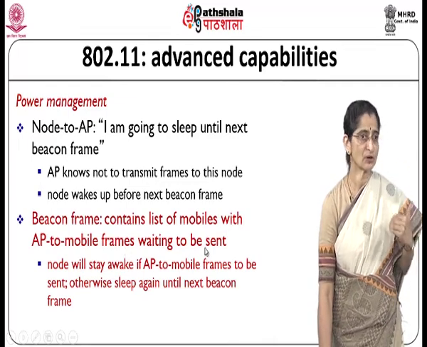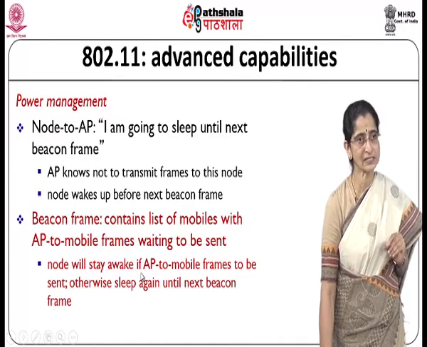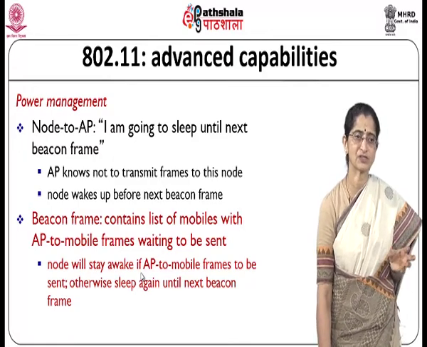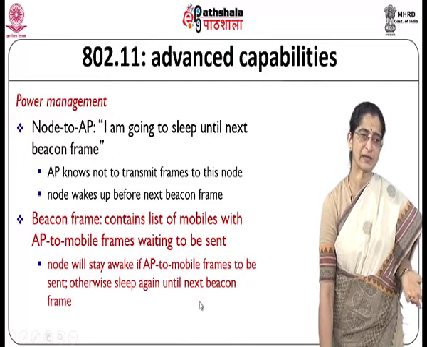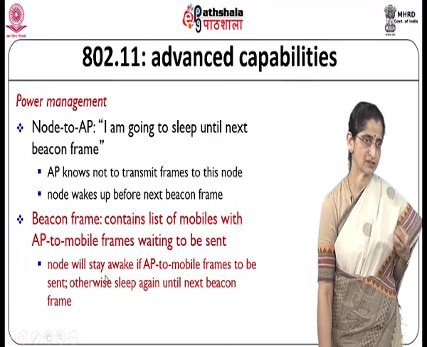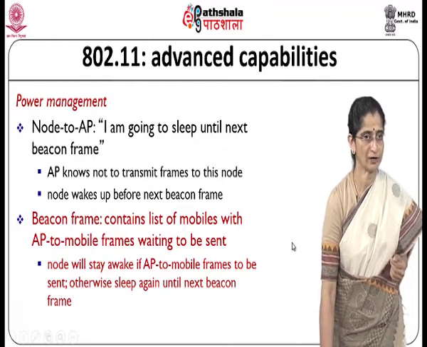So, it will say these are the ones who are waiting for data. The node will stay awake if there is a frame meant for it, that is, some frame which is to be sent to it. Otherwise, it can sleep again until the next beacon frame. This way the devices can reduce the power consumption, okay. They can do the power management. So, this is also something which is now provided in 802.11.